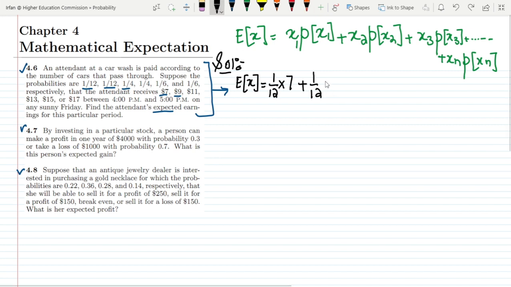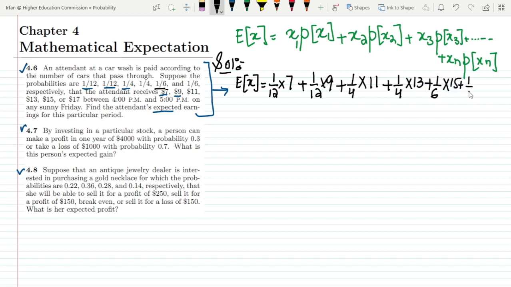So 1 by 12 multiplied with the value it has, that is 9. Also 1 by 4 multiplied by the value it has, and that is 11. Again 1 by 4 multiplied by the value, that is 13. The next one is 1 by 6 with the value it has, and that is 15.